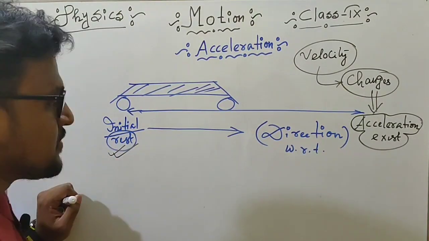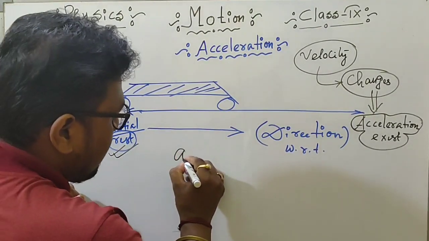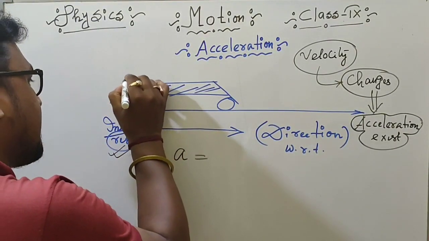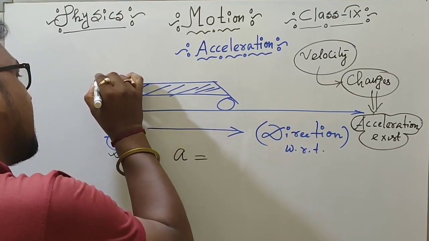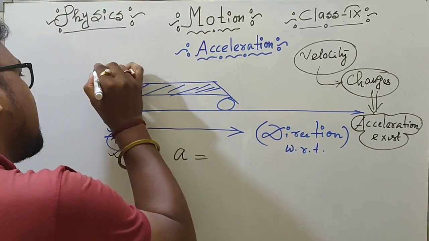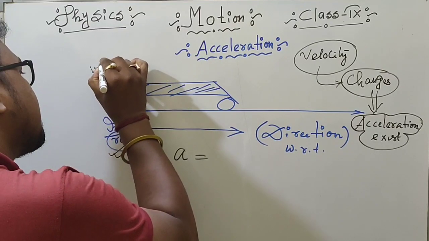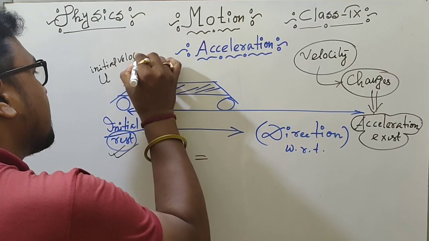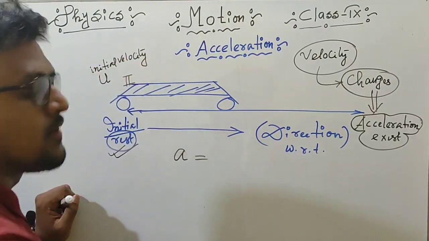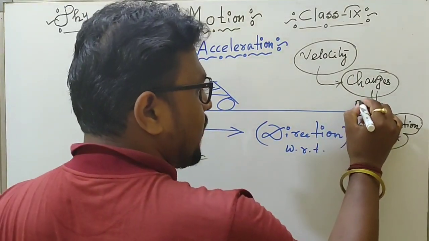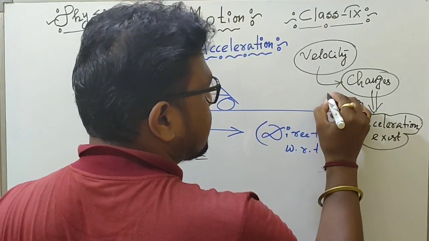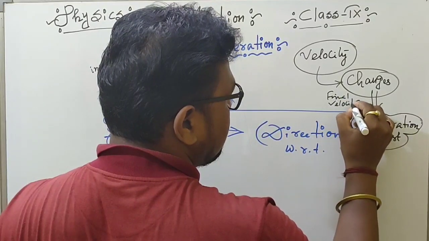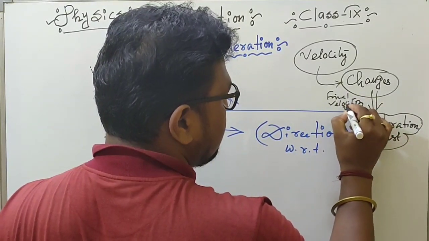Acceleration is denoted with the letter a. Let us consider the vehicle starts at its initial position, that is called initial velocity, denoted with u, and reaches the destination at point B, that is called final velocity, denoted with v.